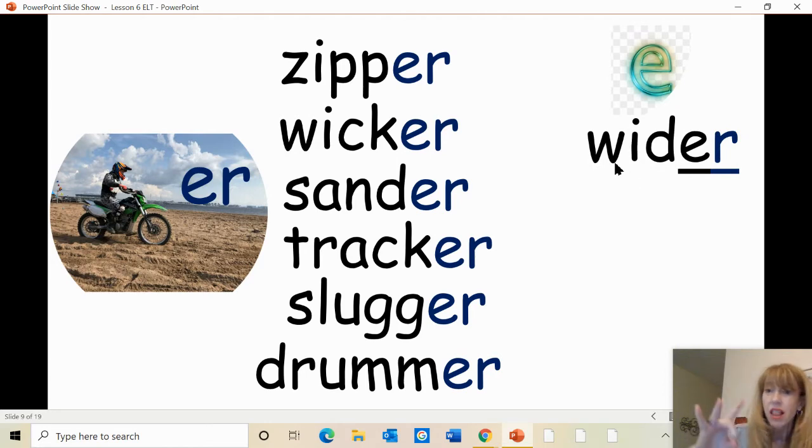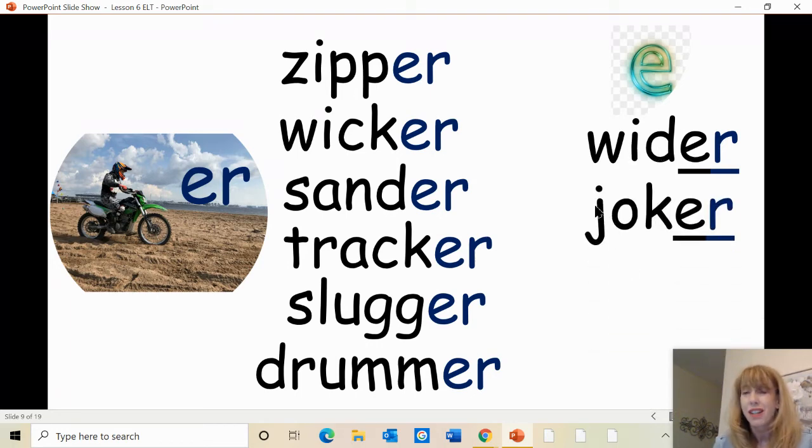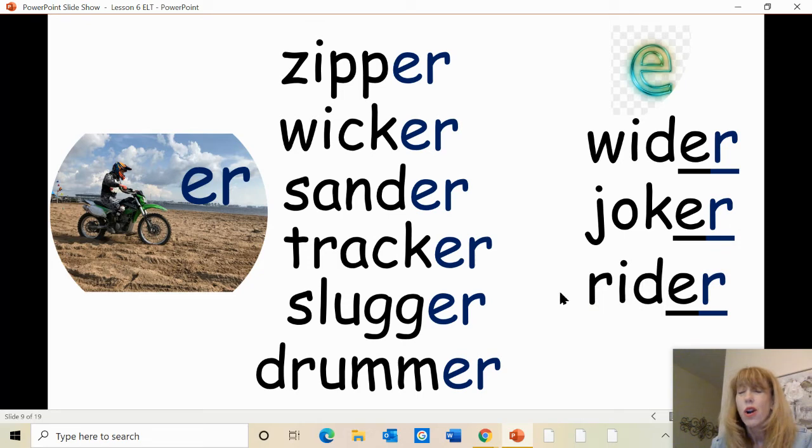It becomes a long kicker. It says its name. So now we've got wider. You still have your ender bender ER, but that E now gets to the I because there's not 2 letters. Long kicker, oak, joker. You try. Writer and maker.